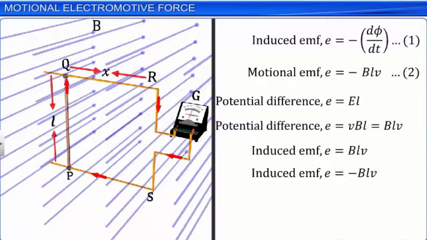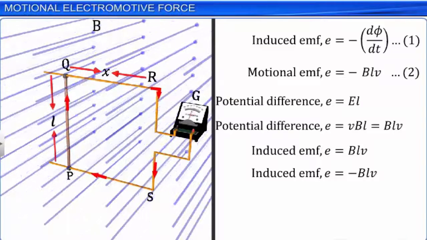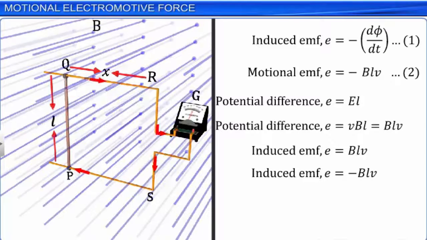This electric field is produced by the changing magnetic field and is called the induced electric field. This electric field causes an EMF to be developed in the loop, and hence an induced current flows in the loop.